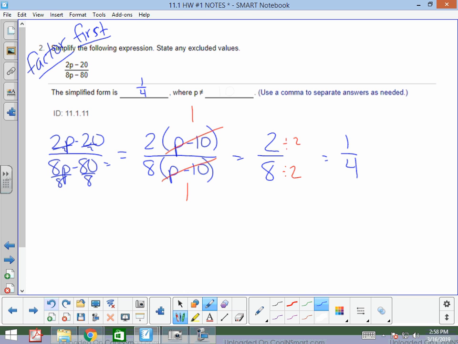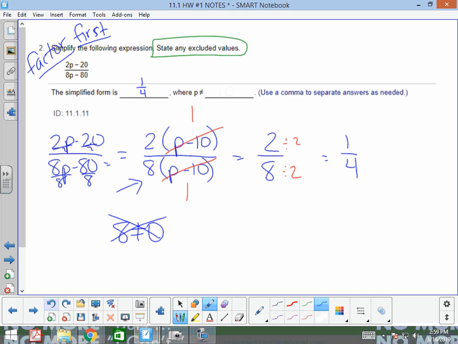Now let's look at how to find the excluded values. I go back to the factored form. Before I canceled out the p minus 10s, we had 8 times p minus 10 in the denominator. Now, 8 will never equal 0, so we don't even have to worry about that. We don't look at the factors that don't have the variable.